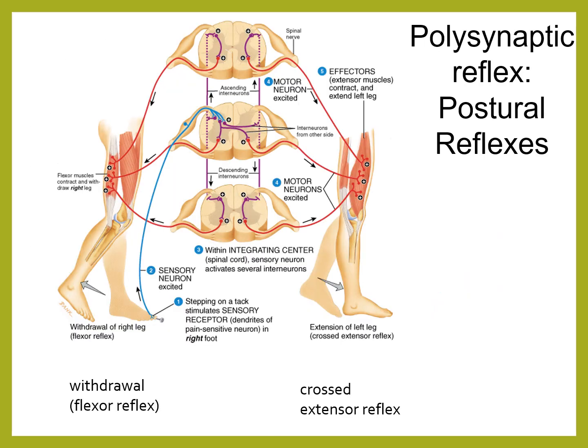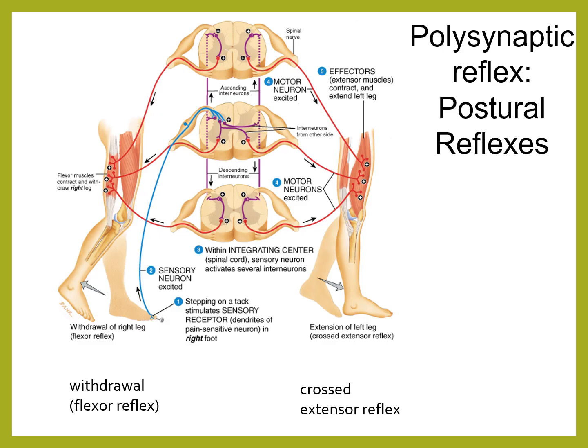I included this figure to show you just how complex reflexes can be, particularly those reflexes that are responsible for posture. This reflex is called the withdrawal crossed extensor reflex, and it happens when, for example, you step on a sharp tack and you pull your foot away. That's only one part of the reflex, the pulling of your foot away.